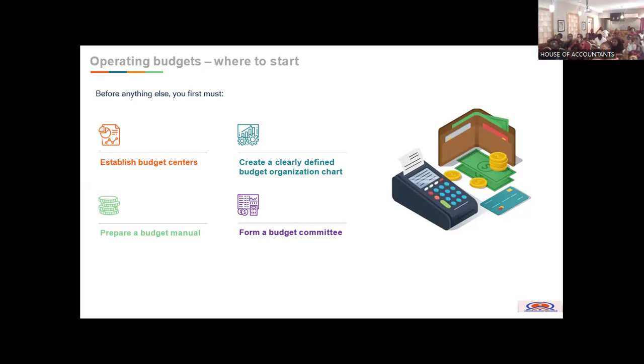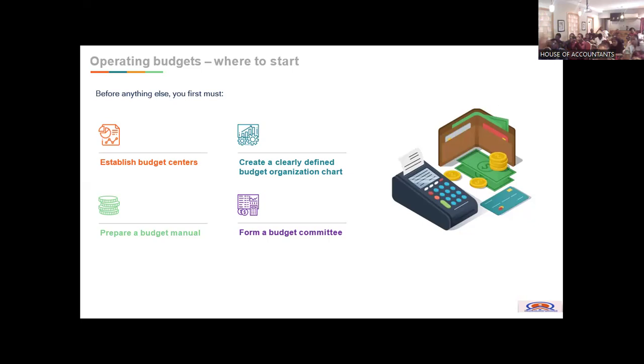You can look at your financial statement and see that this department spends every year, so this department should prepare a budget. From there you can know which departments should have their budget.